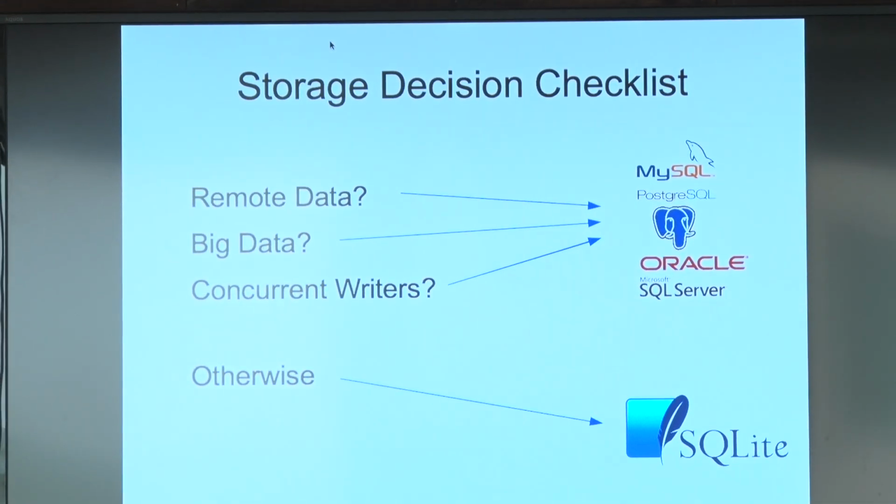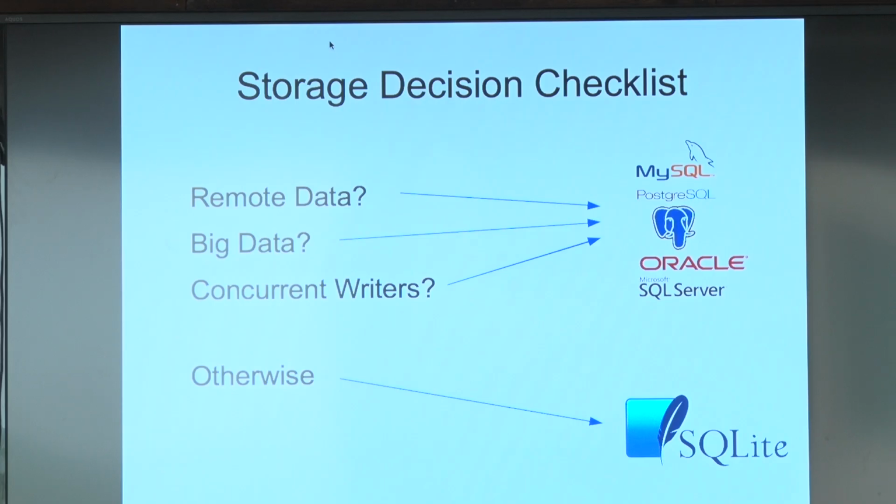If the answer to that question is yes, then you want to go with MySQL, Postgres, Oracle, SQL Server, a client-server database. Okay. Do I have big data? And by big data, I mean data that's too big to fit in a single file. If it won't fit in a single file, that's big. And in that case, you need to go with a client-server database engine.